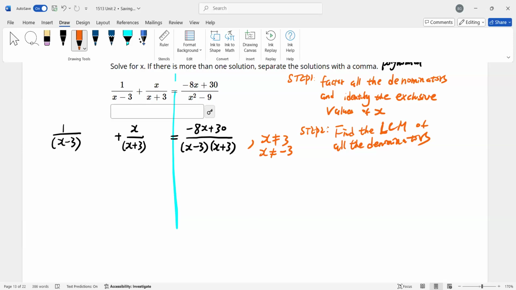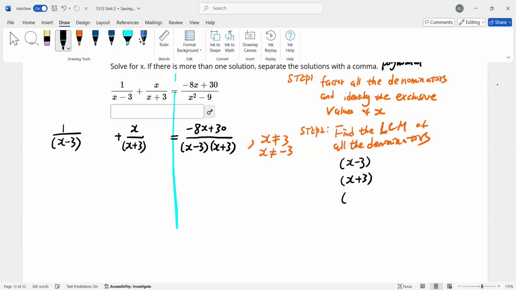All right, so we have 3 denominators as you can see. The first denominator, x minus 3, I use parentheses to show you x minus 3 as a binomial is one whole thing. Do not see x and -3 as separate things. And the second denominator, x plus 3.